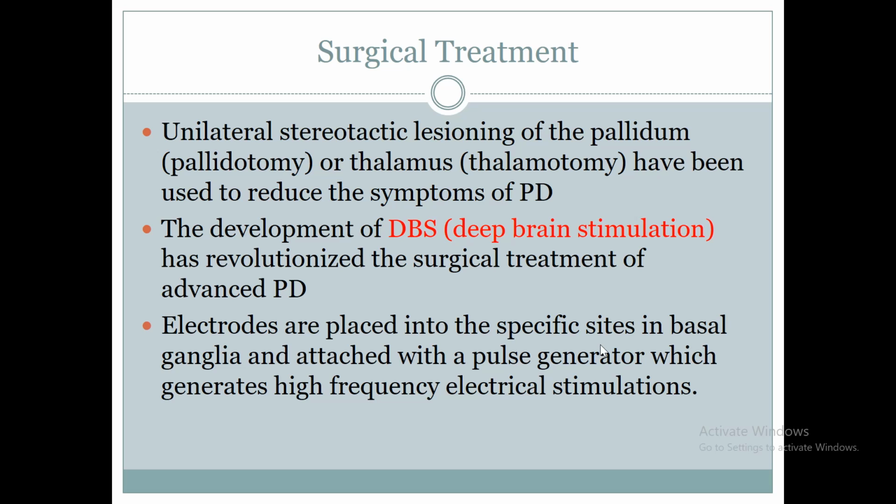You may see hypophonic or soft speech in patients with Parkinson disease. Non-motor symptoms include constipation, autonomic dysfunction, impaired olfaction or loss of sense of smell, dementia ultimately in many patients, depression, sleep disorders, impulse control disorders, and psychosis.